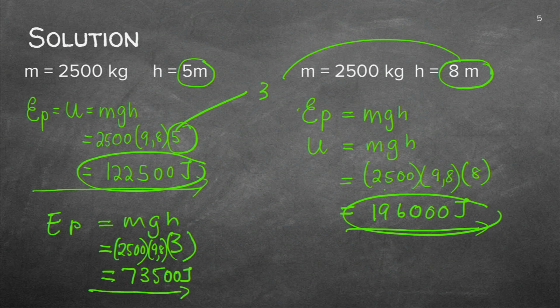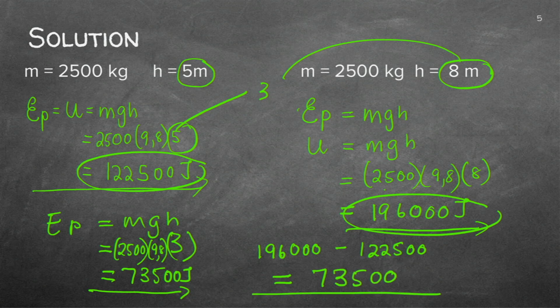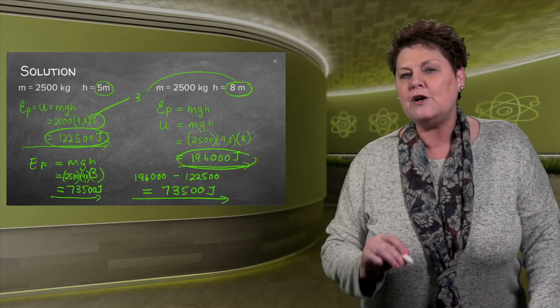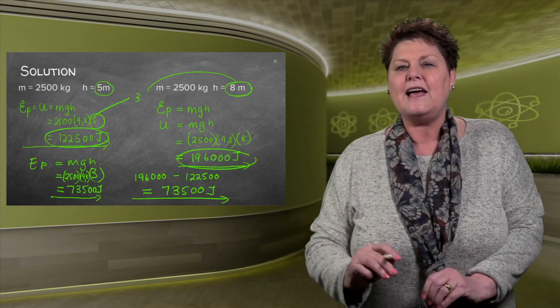Now, what happens if I deduct the 122,500 from the 196,000? If you do that, you'll see you get 73,500. So that's how you're going to work out different heights and energies.